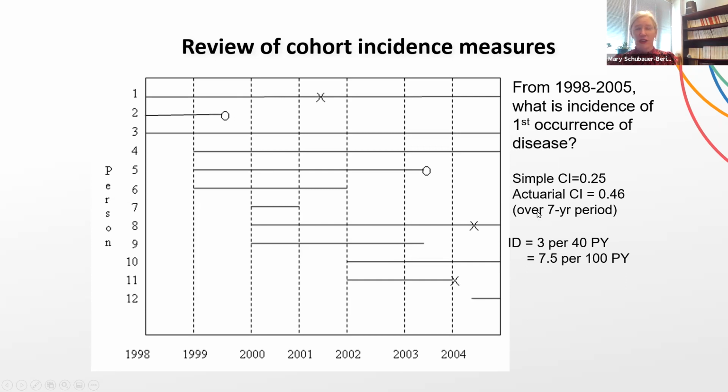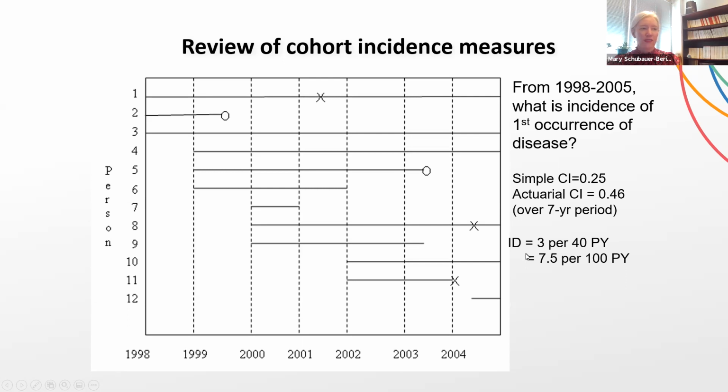You could use the actuarial cumulative incidence calculation, and here we would calculate 0.46 over this 7-year period. So again, I didn't show you how to do that, but it's available in different textbooks if you'd like to see. But this gives you a sense of how important the dynamic cohort is to getting a true picture of what the incidence is. So we have a near doubling of cumulative incidence when we take into account the fact that people weren't followed for the same length of time in this cohort.